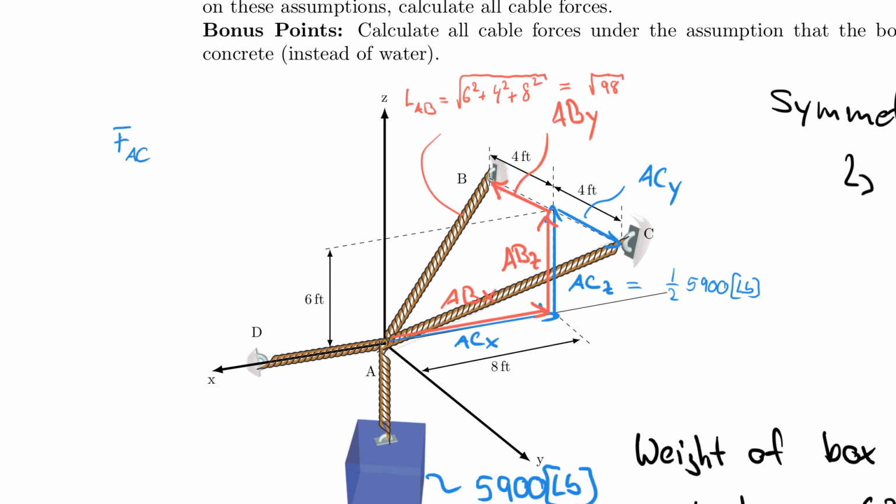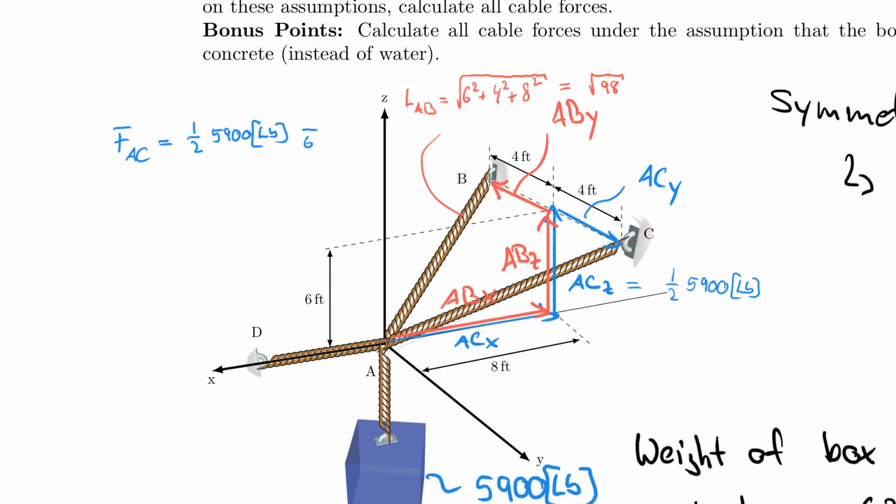So let's say FAC is equal to 1/2 5,900 pounds. That is the component in this vertical force. So I'm going to divide that by 6 feet. So I divide it by 6.